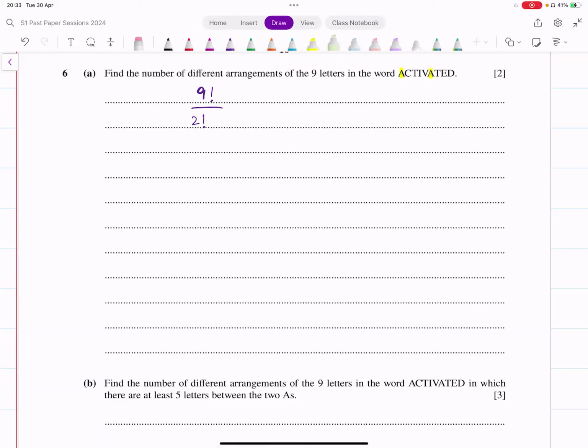There are 2 T's as well, 1 and 2. We divide by 2 factorial because of the 2 T's. These are the repeated letters, and that should give you the result. 9 factorial over 2 factorial into 2 factorial. You can see what that is. 90720. Okay, that's the first part.